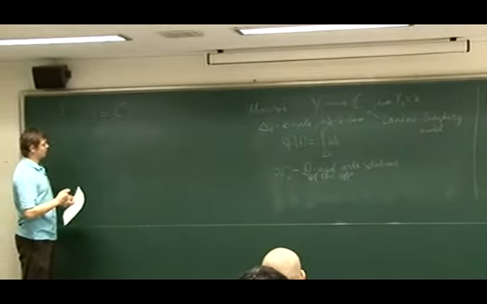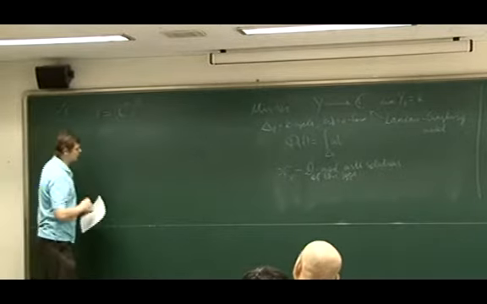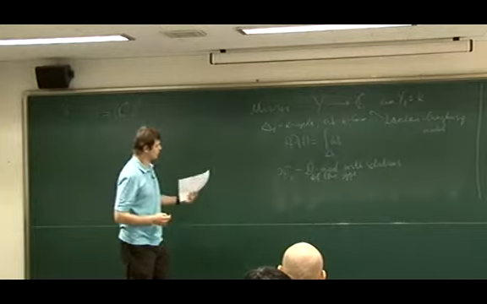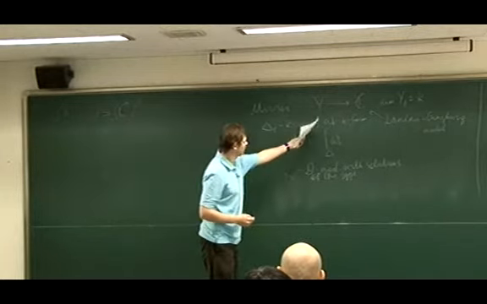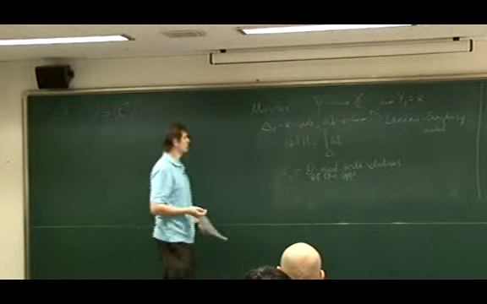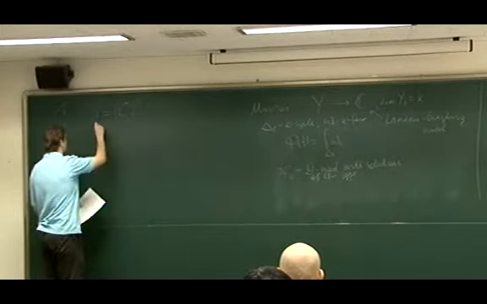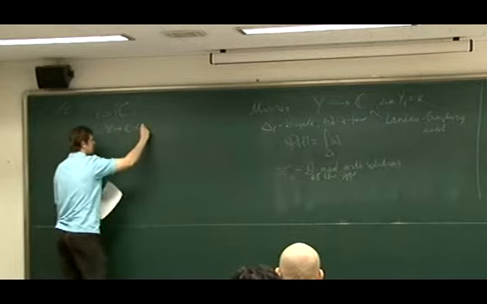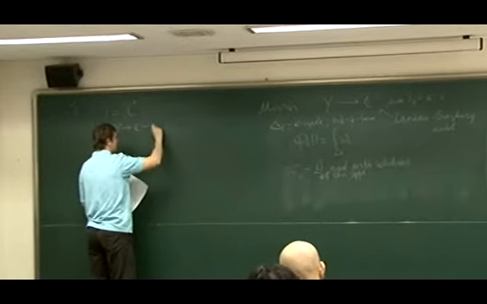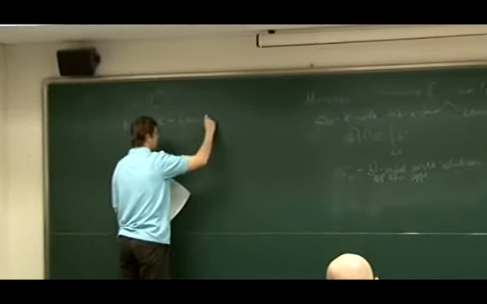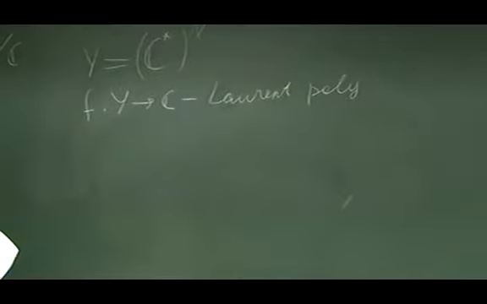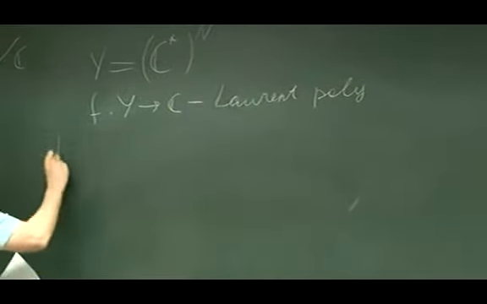Okay, if our target is just a torus, what's the map for? The map is a function on the torus, just a Laurent polynomial. And in this case there is a nice theorem.